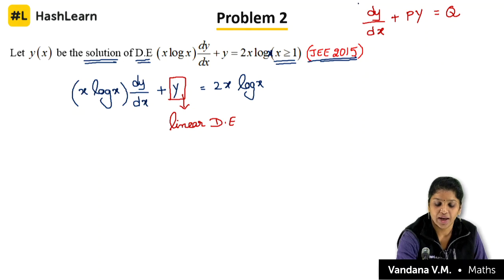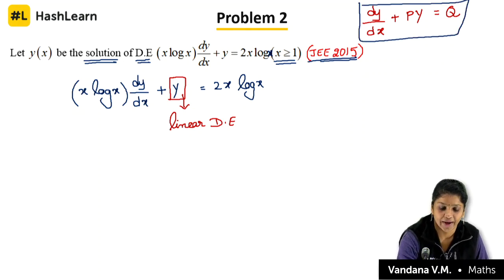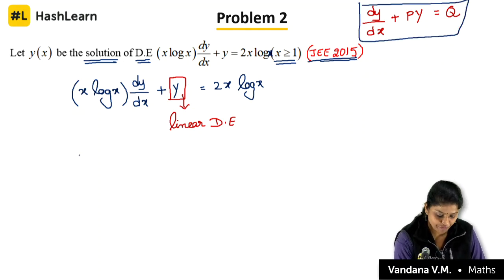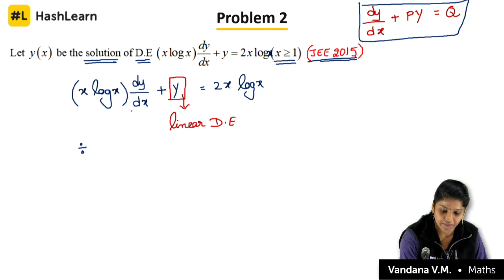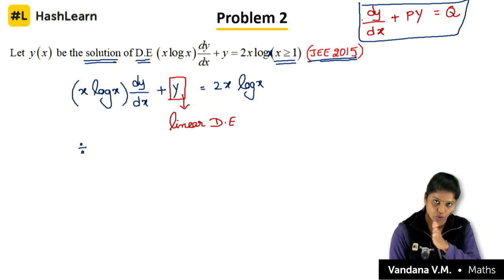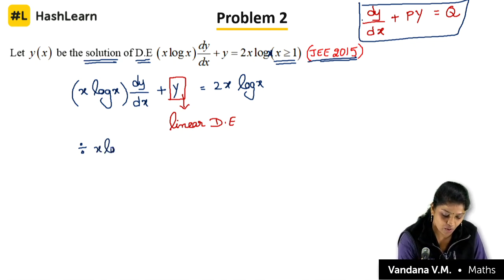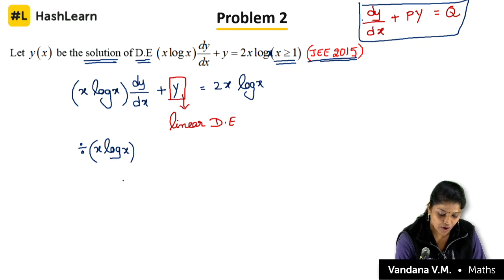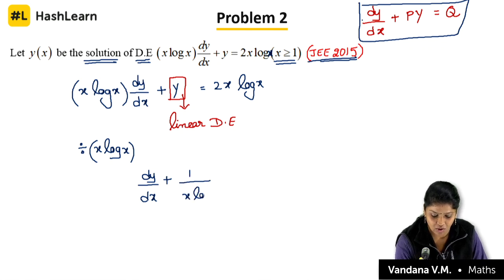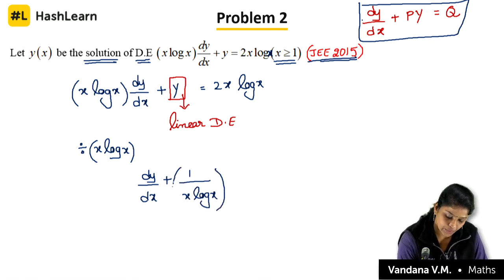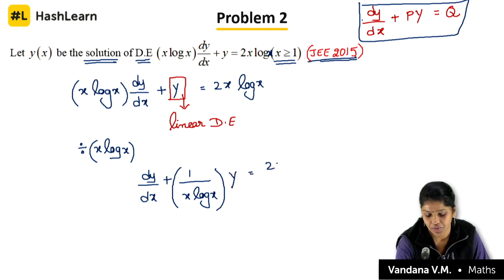For that, I would like to bring the given question into this format. So what do I have to do? It must be only dy by dx; I don't want any coefficient. So I have to divide with x log x. If I divide with that, dy by dx plus 1 by x log x into y is equal to 2x log x divided by x log x.